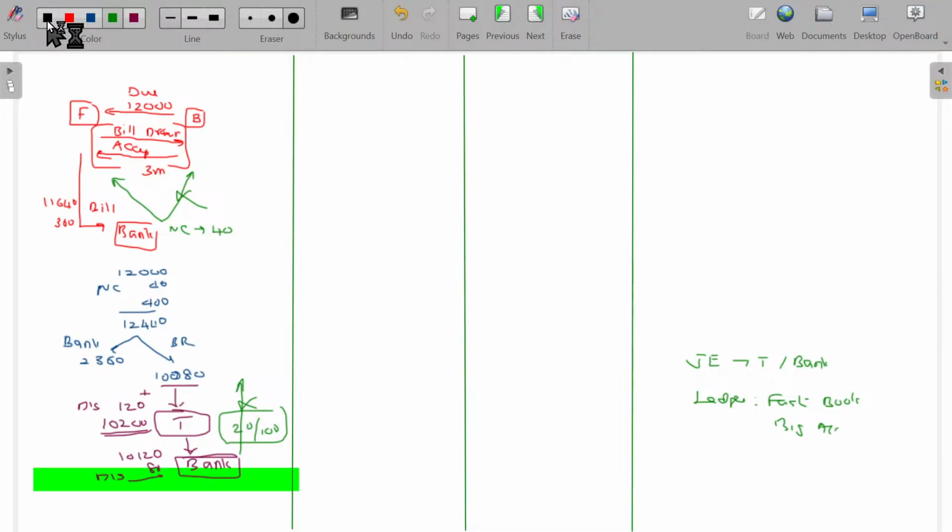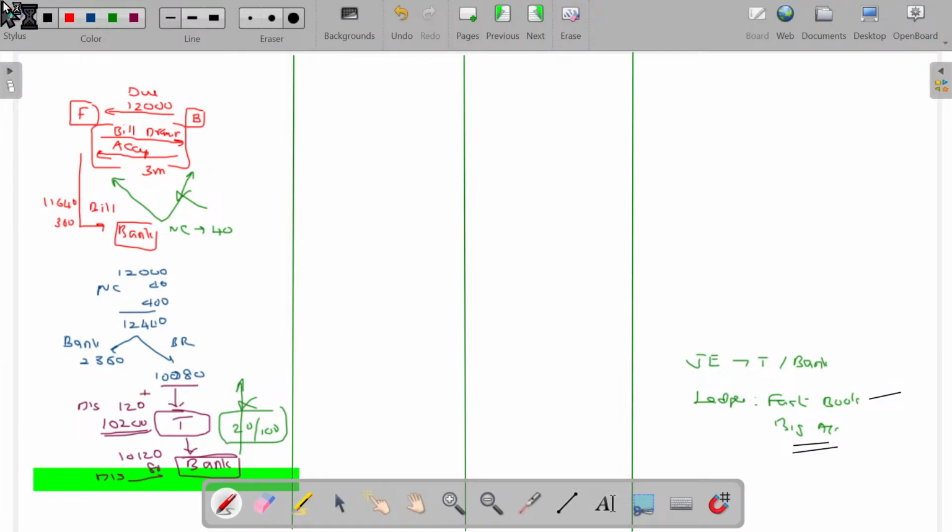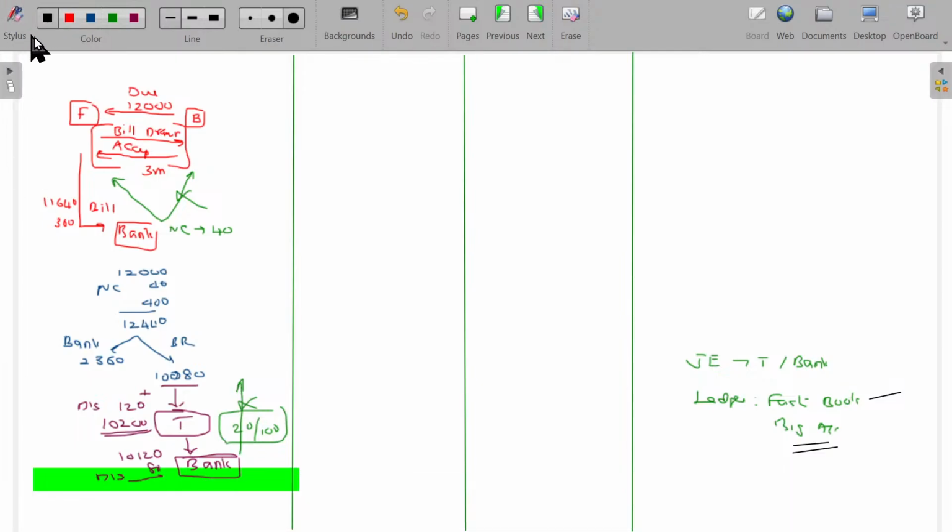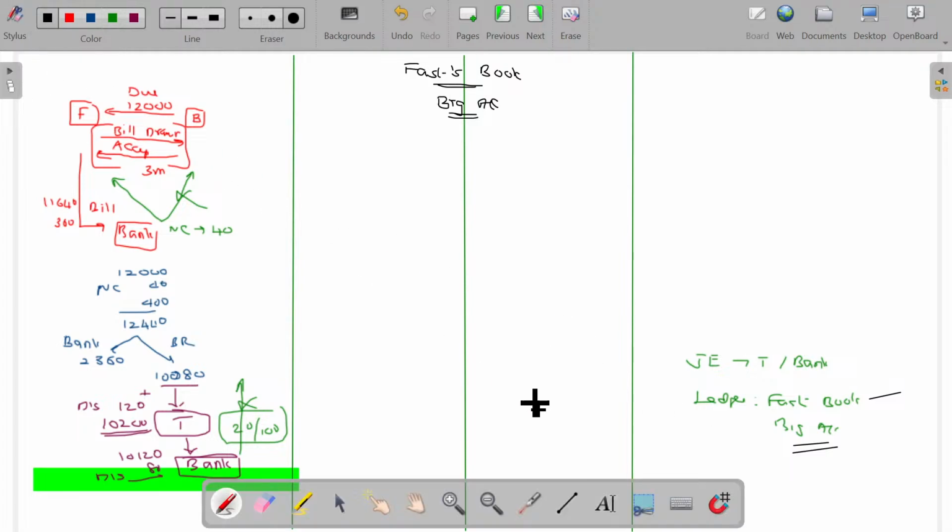Now I'll start one after one. In the books of Fast, you have to open the Big account. Apart from that, you have to pass a journal entry in the books of Thin as well as the bank.